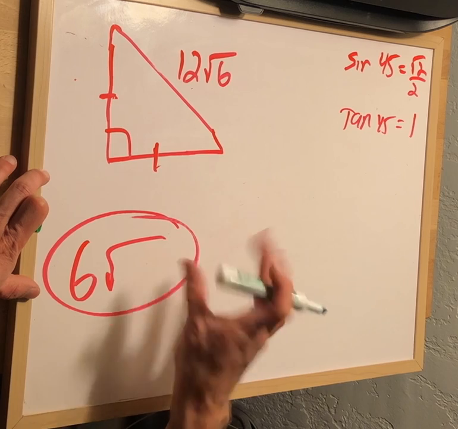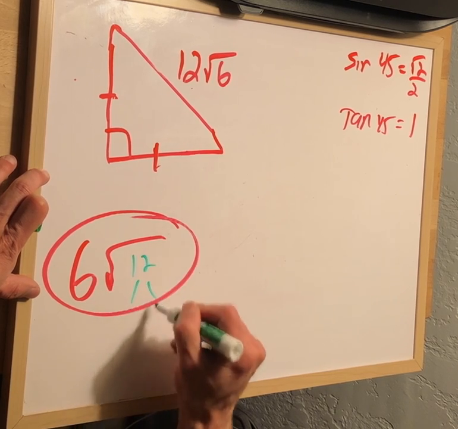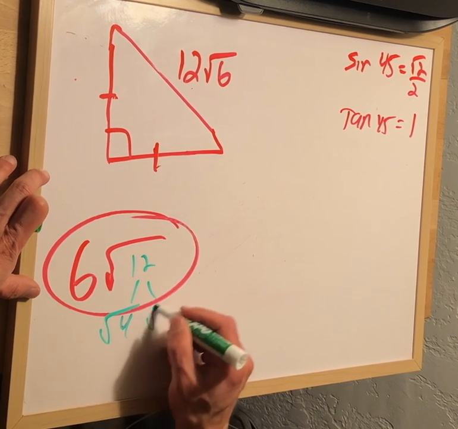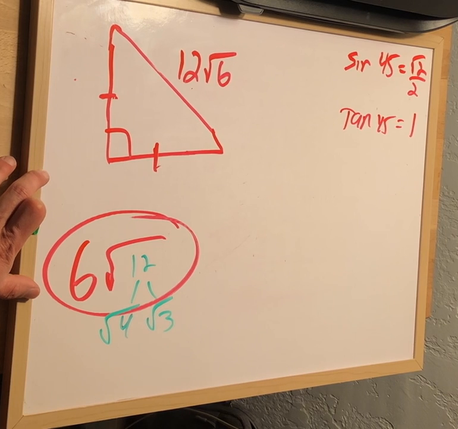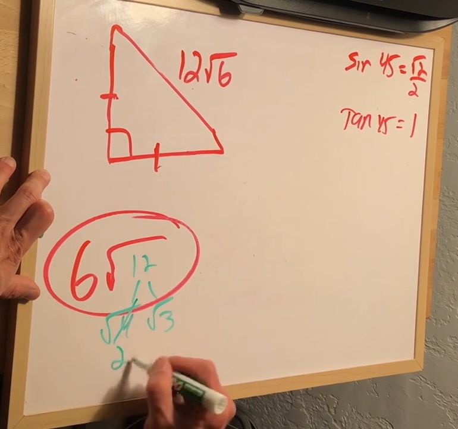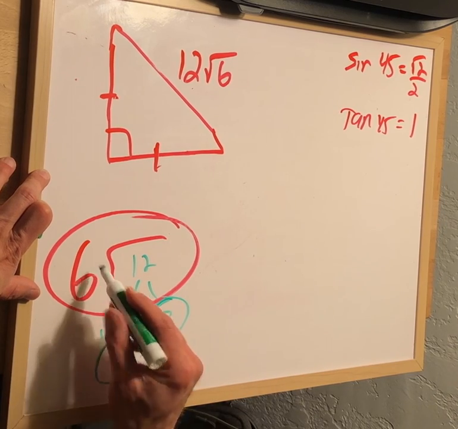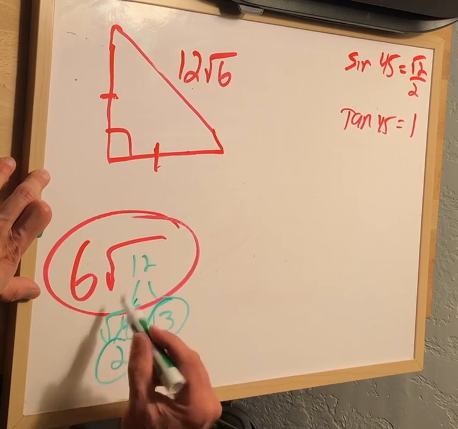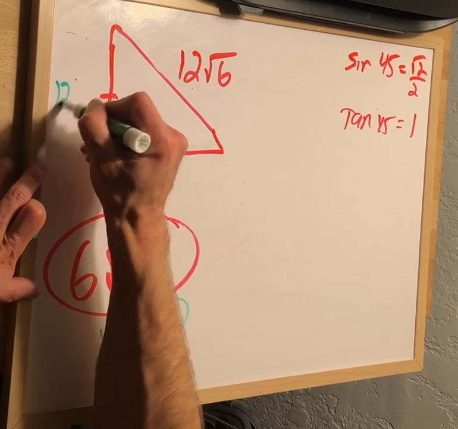If I have square root of 12, I'm going to do square root of 4 times the square root of 3, which is going to be 2 root 3. 2 times 6 is 12 root 3.